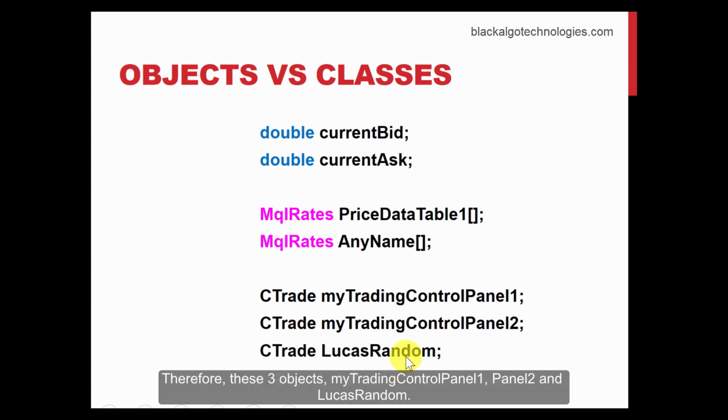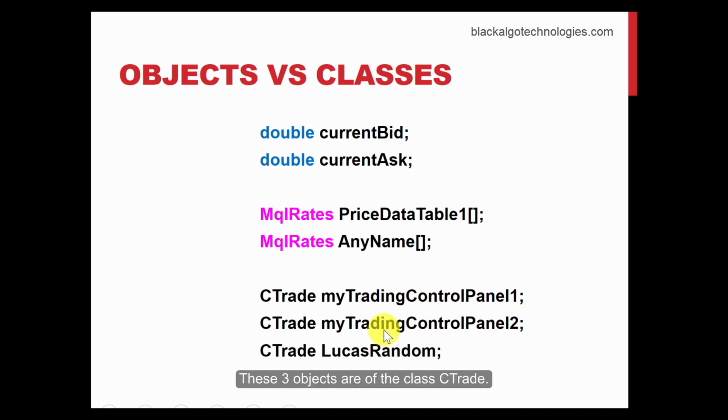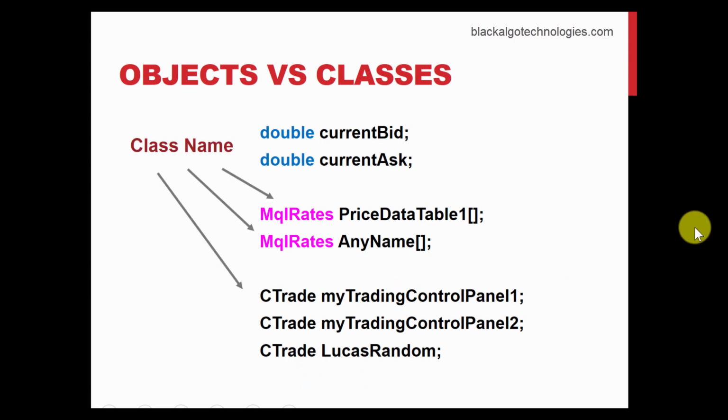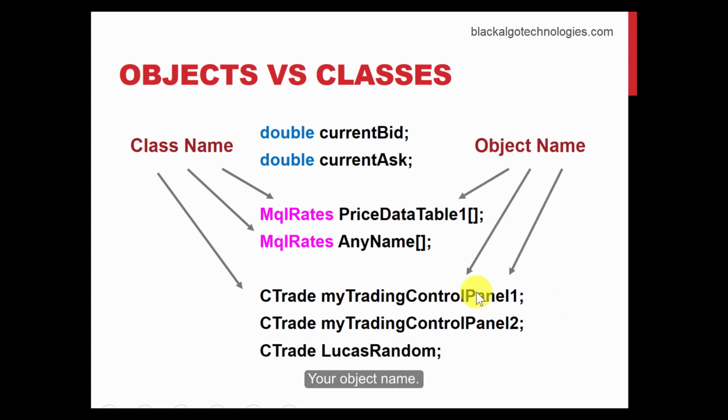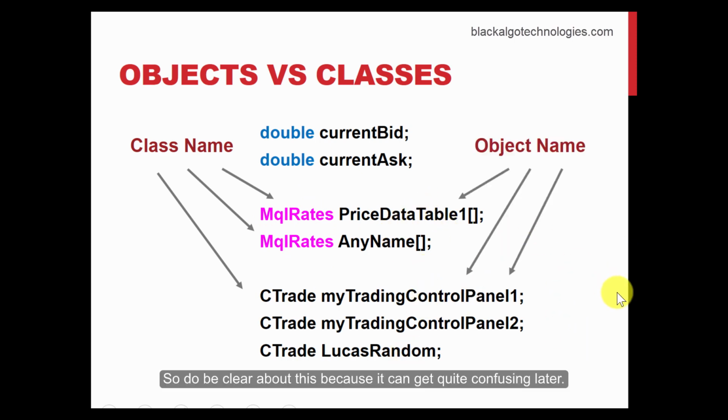Therefore, these three objects, my trading control panel 1, panel 2, and Lucas random, are of the class CTrade. If I were to rephrase it, these three objects are of the special data type CTrade. Your class names are MqlRates and CTrade, and then your object name. Do be clear about this because it can get quite confusing later.